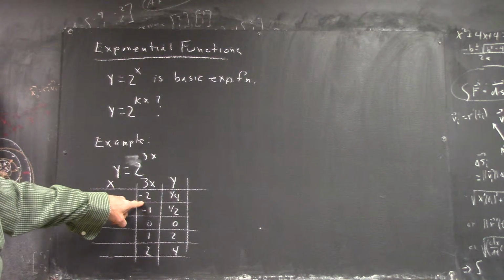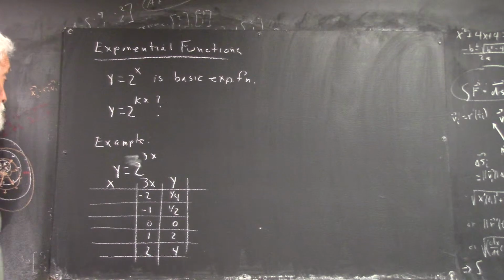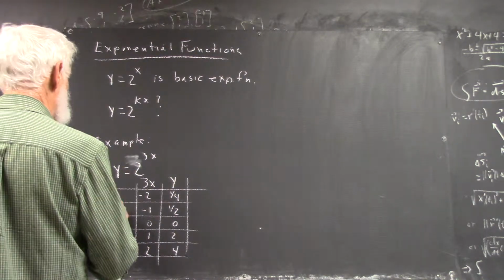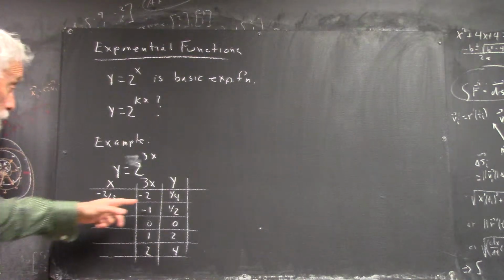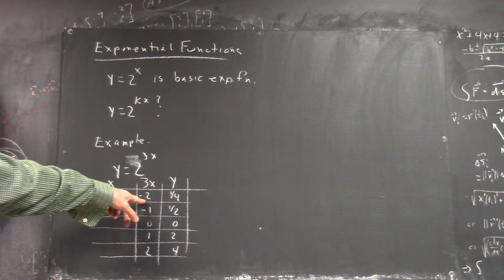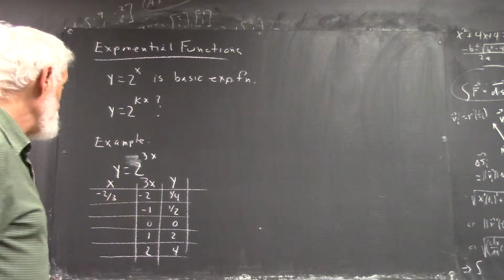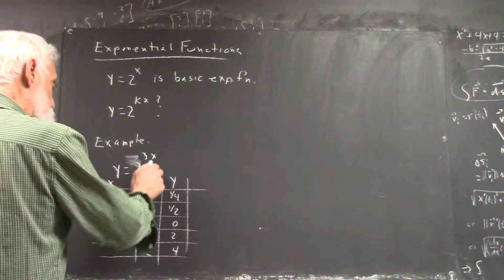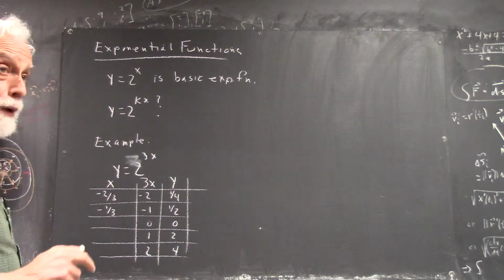Negative 2/3, good. So if x is negative 2/3, then 3x is 3 times that, and that's negative 2, right? And if 3x is negative 1, then x has to be negative 1/3.